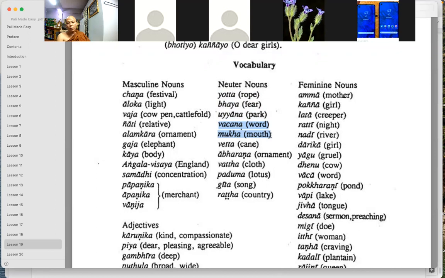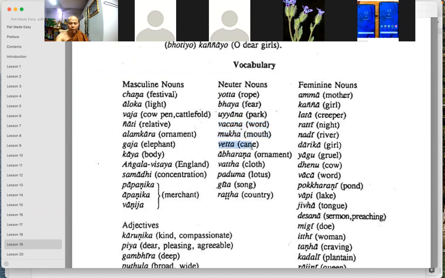Mouth, and also face, and also entrance. Actually, mukha, mouth, and also face. The face of somebody is also mukha. A mouth is also mukha. And also the entrance or the gate of maybe a building is also mukha.